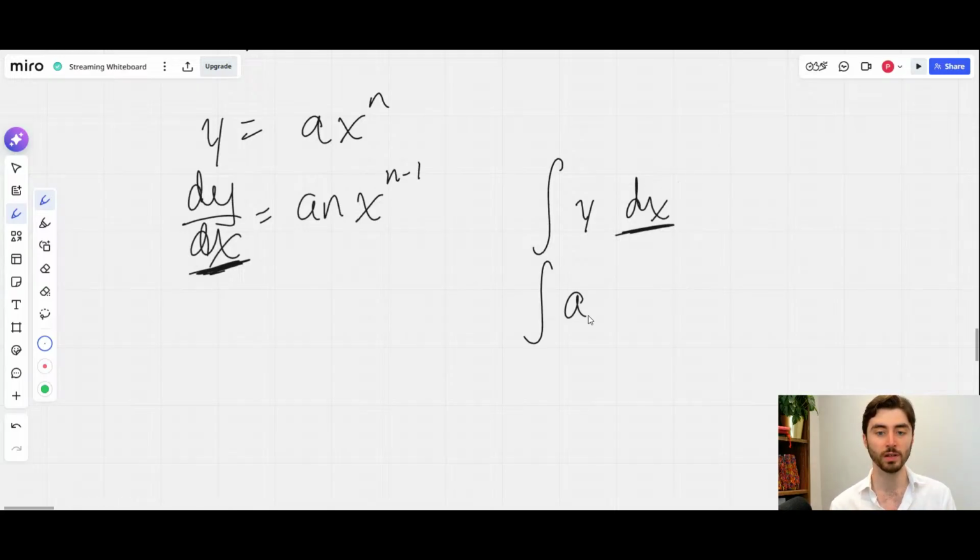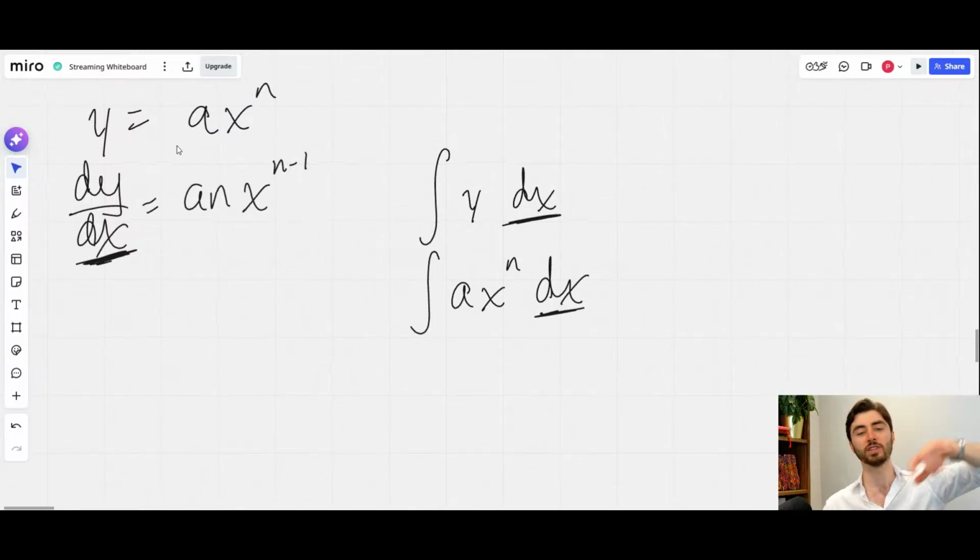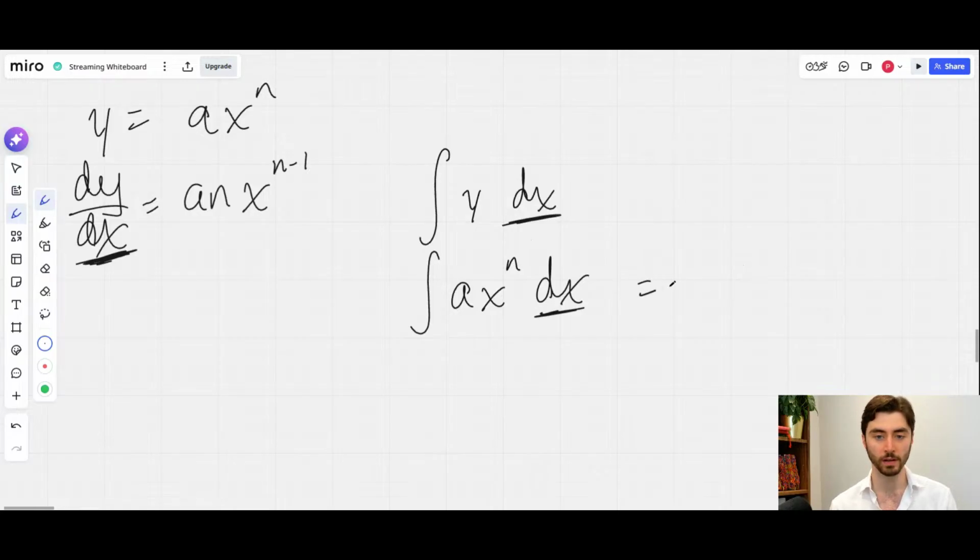So the integral of ax to the n, when we're playing with x, we do the exact opposite. So in differentiation, first thing we do is bring down power, then we subtract 1 from power. So we do the same thing in reverse here, which means the first thing we do is raise 1 to the power, and then we divide by the new power.